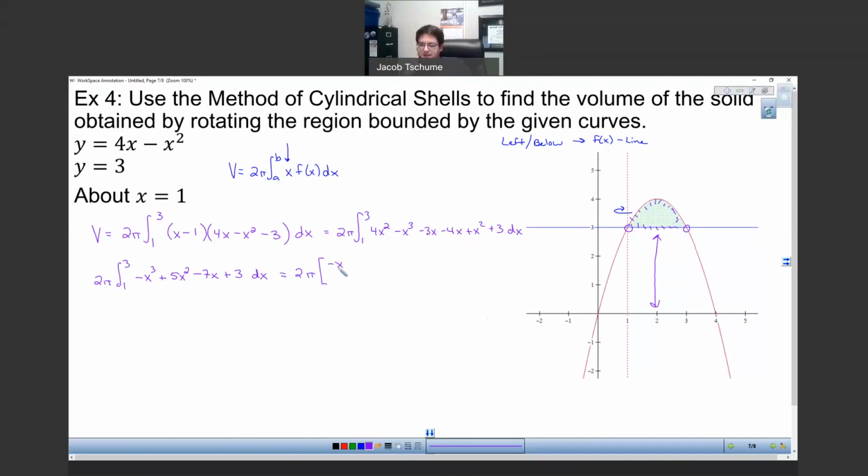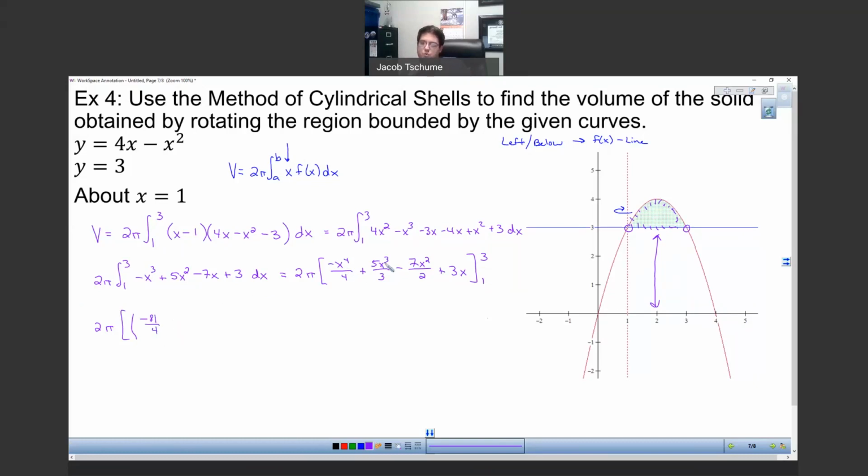That would be negative x to the 4th over 4 plus 5x cubed over 3 minus 7x squared over 2 plus 3x evaluated from 1 to 3. So this will be 2 pi times. So going through and plugging 3 into everything. 3 to the 4th is 81, so that would be negative 81 over 4.